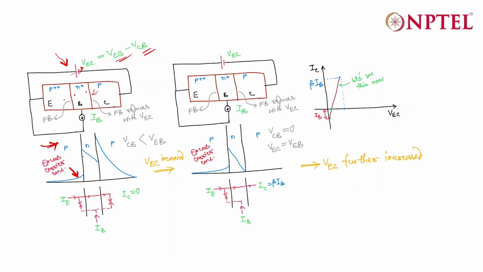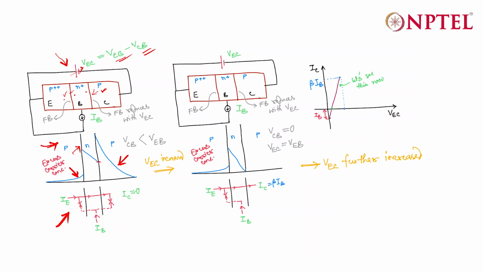In the base region, obviously, as this potential difference is now not the same in both junctions, and in VEB you have a higher potential, definitely the excess carrier concentration will be higher in this case, and in the collector junction it will be lower, and similarly the excess carrier concentration in the collector region will be something like this.